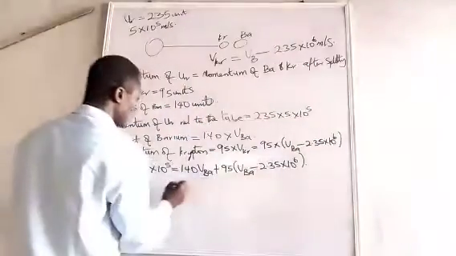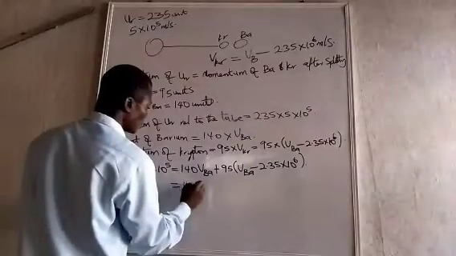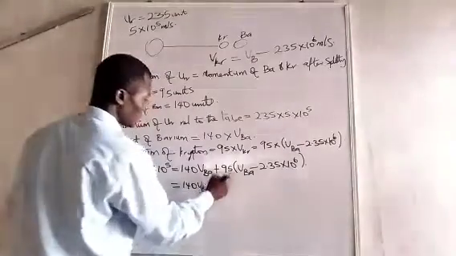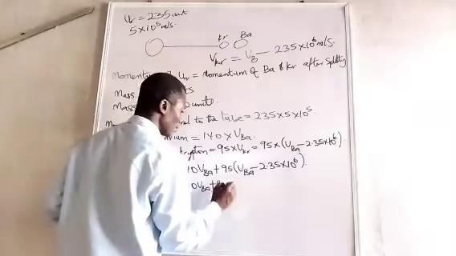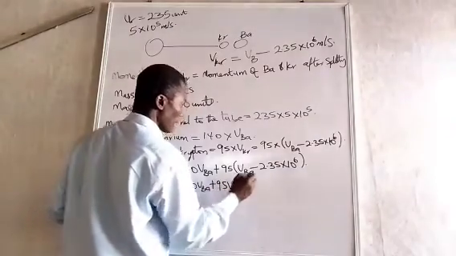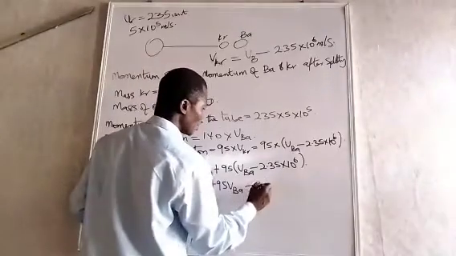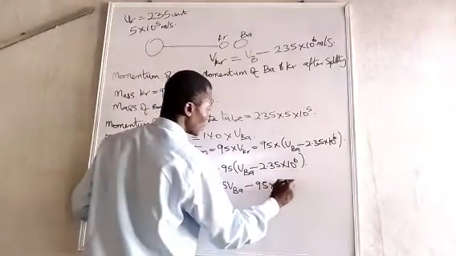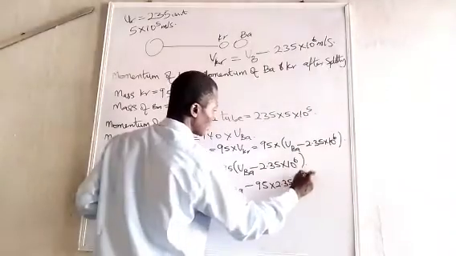On expanding this, I have 140 VBa, that is the velocity of barium, plus 95 VBa, minus 95 times 2.35 times 10 to the power 6.